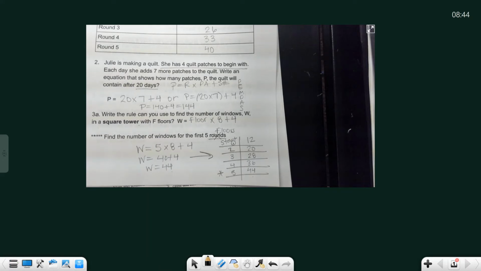Any questions? It's always good to use both of these to make sure you have the correct answer. And always remember, pennies start after the start number. Towers start with the start number. Let's go to the next one.